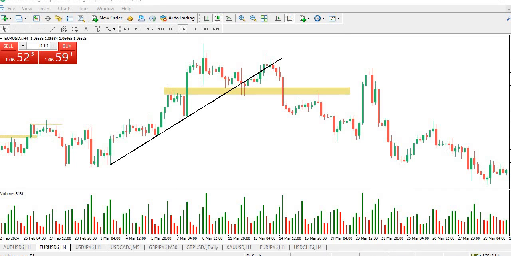Before starting the session, I want to give credit to the guy who introduced order blocks in trading. Order blocks were first introduced by Michael Huddleston, the inventor of ICT, Inner Circle Trading.